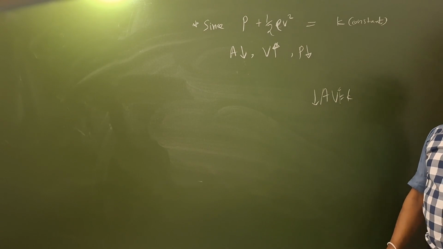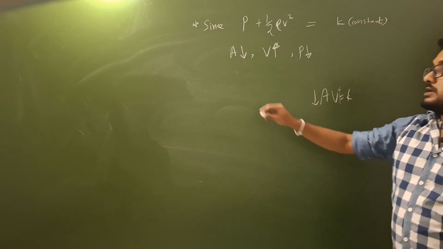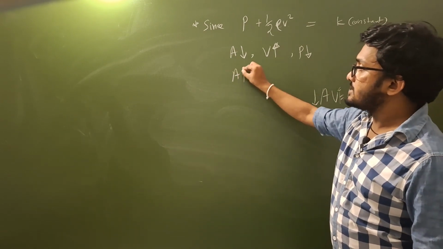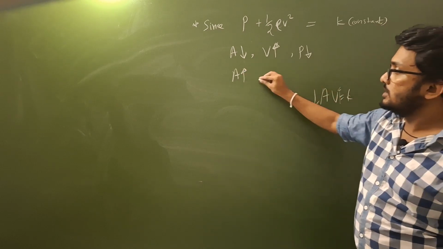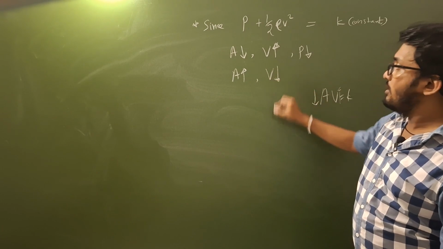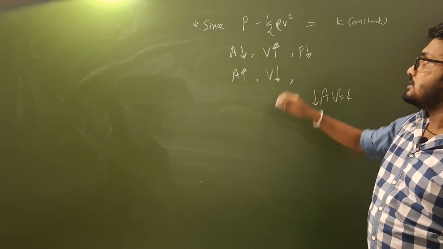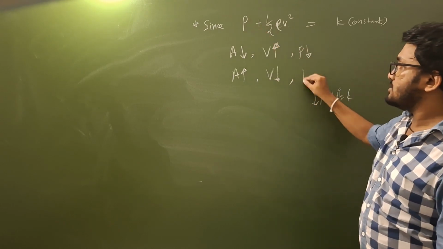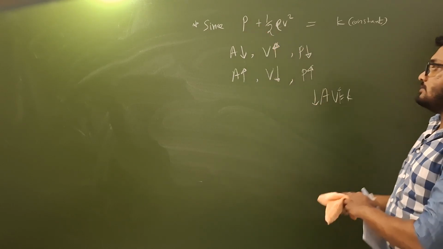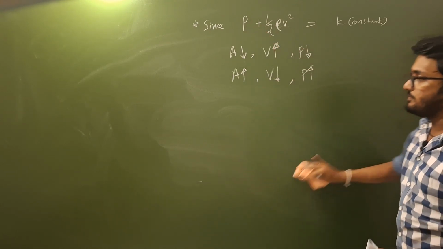The other way around, if area is high, velocity should be low, and if velocity is less, then pressure should be high. It should be a large value.